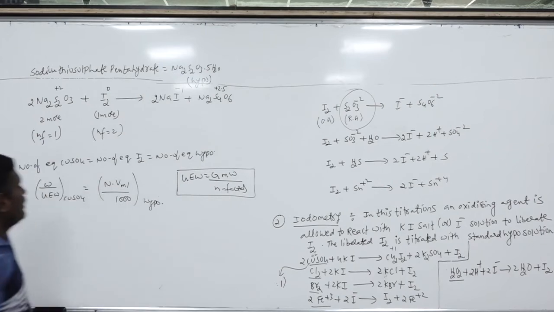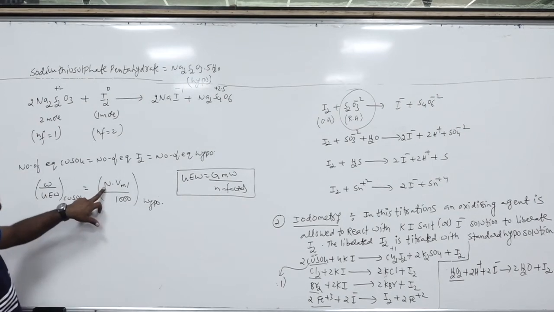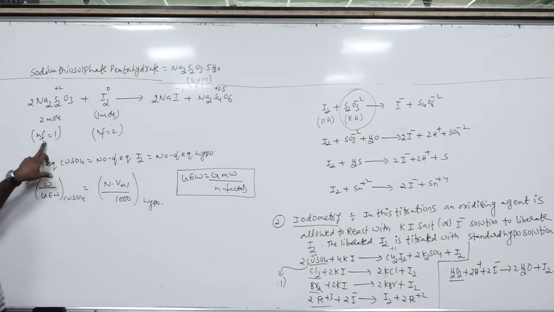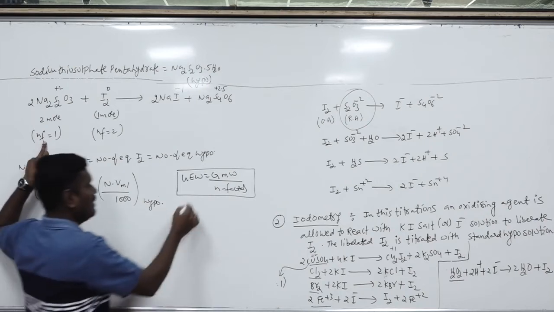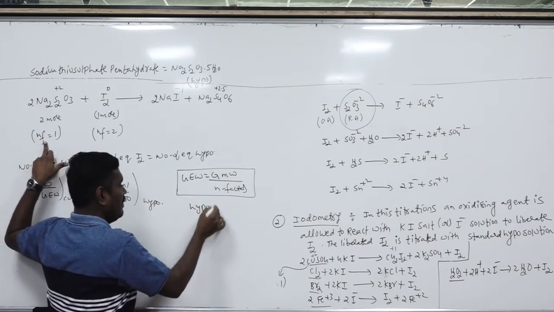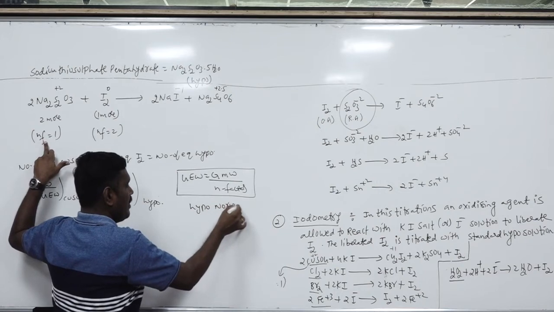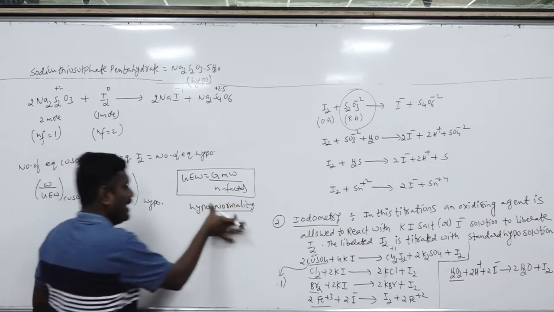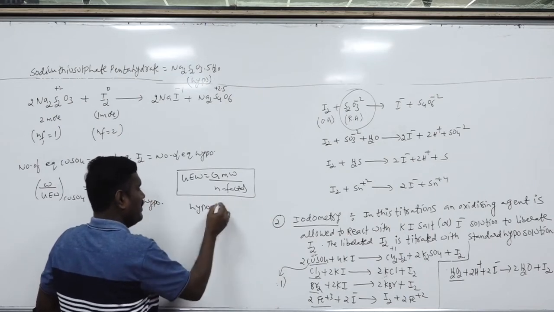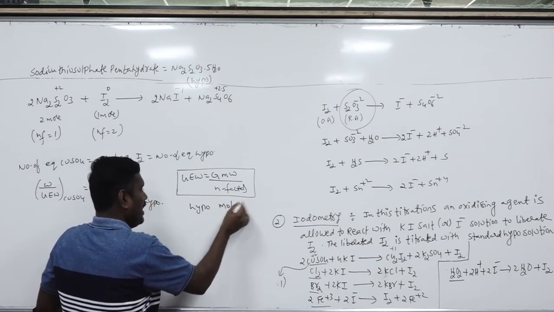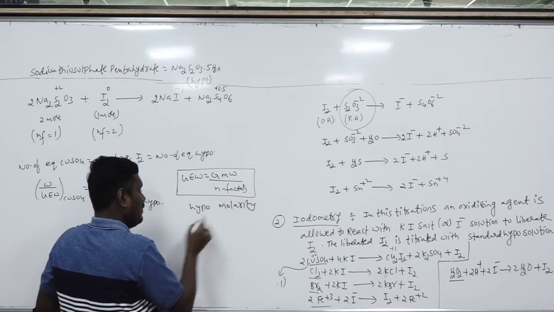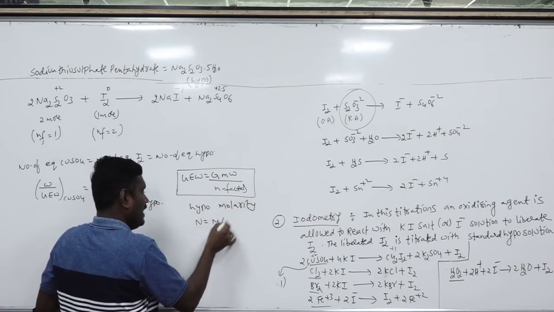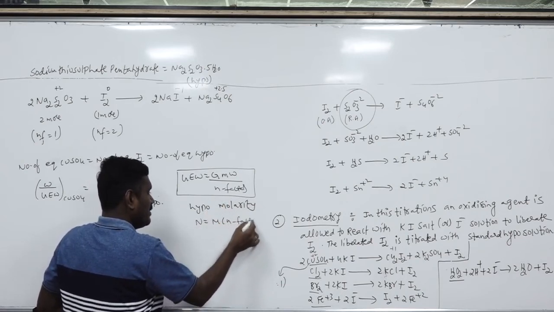Now, what is the hypo N factor? Suppose the hypo normality is given, or the hypo molarity is given to you. Do you know the relation between molarity and normality? Normality is molarity multiplied by N factor.